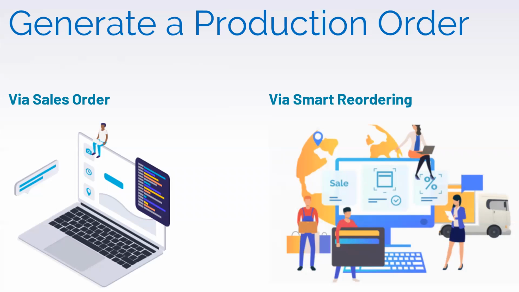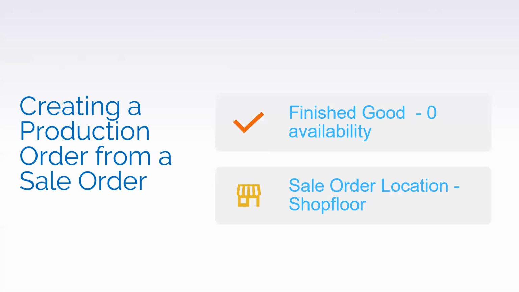But the sales order is where it's going to be very helpful, where you're generating these production orders off the back of sales orders. So it's a very interesting segment, and we'll cover that in detail. We'll also look at actually creating a production order from a sales order.